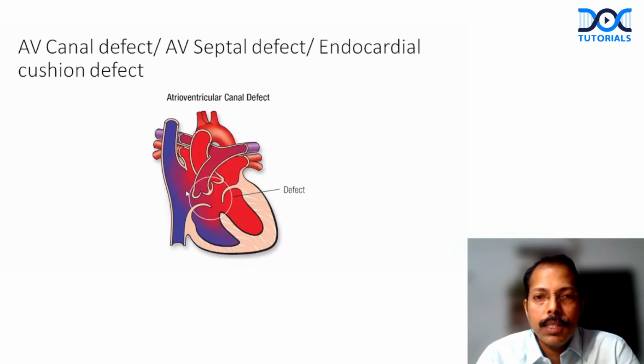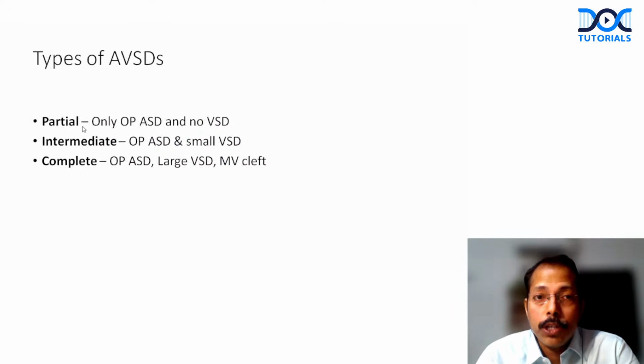As you all know, this is the typical area of endocardial cushion defect. This is also called AV canal defect or AV septal defect. So any structures that are formed in this region will be defective. In a case of partial AV canal defect, there will be only ostium primum ASD and no VSD.